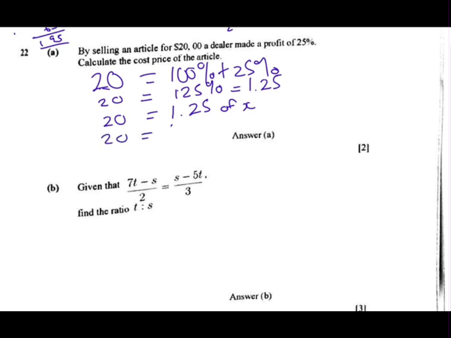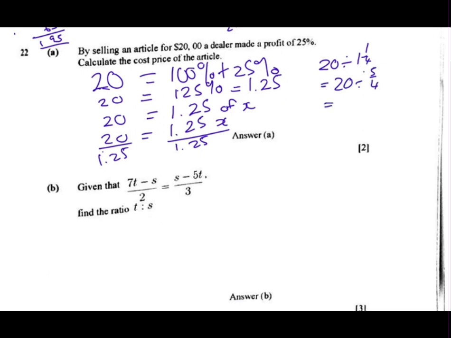So 20 is equal to 1.25 times x, and then we can divide both sides by 1.25, and then 1.25 divided by 1.25 gives us 1, and 20 divided by 1.25, we can rewrite in the form of 20 divided by 1 and a quarter, which is equal to 20 divided by 5 over 4.